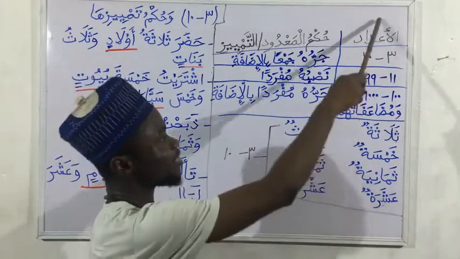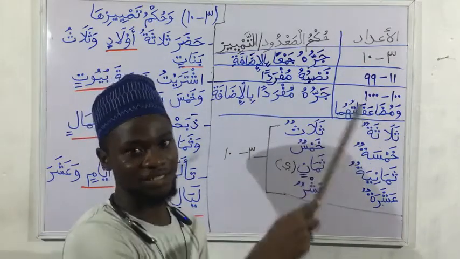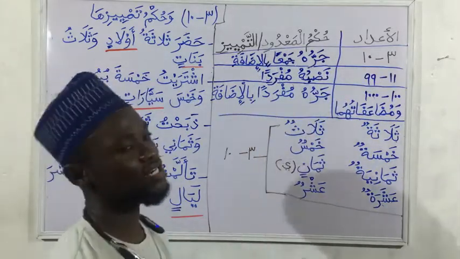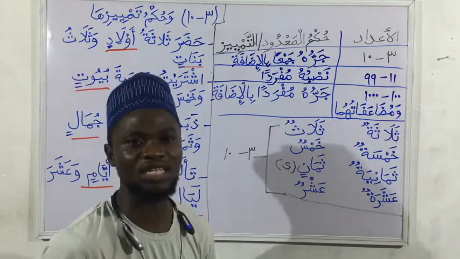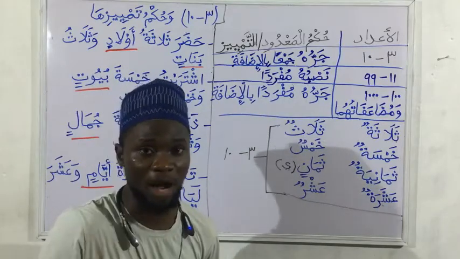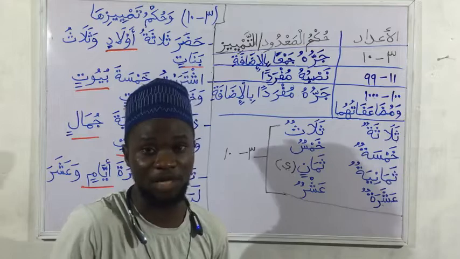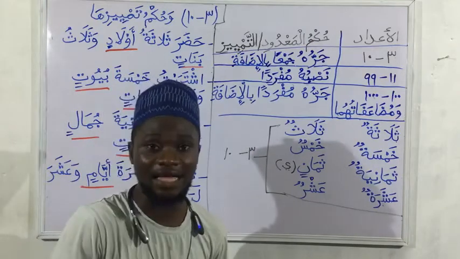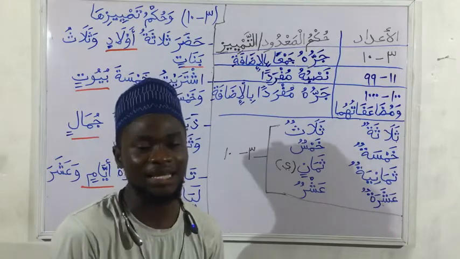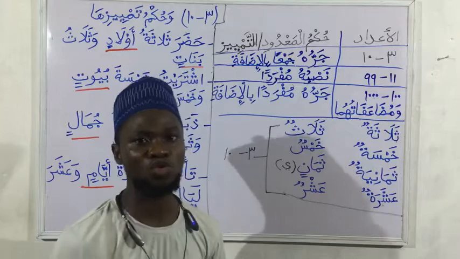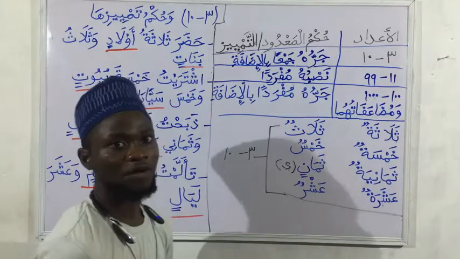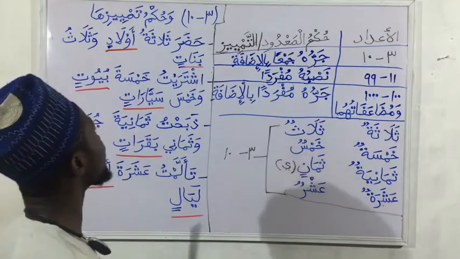So al-adad, numbers. Al-adad is the plural of adad. And hukmul ma'dud aw tamyiz, the ruling of the ma'dud, the noun you are counting, the noun you are quantifying, or tamyiz. We know from our knowledge of tamyiz from previous classes that the noun you are quantifying is considered as tamyiz, a noun that comes to remove ambiguity from a sentence.